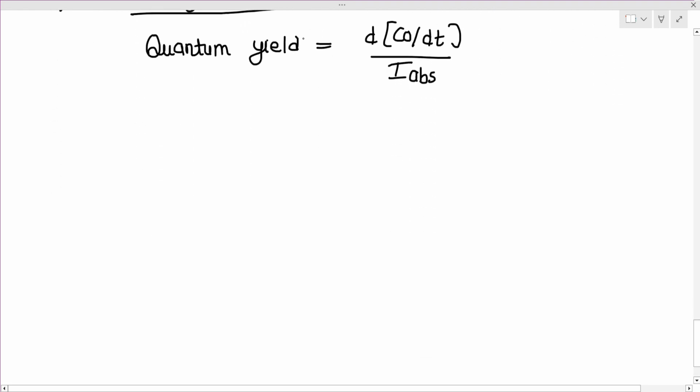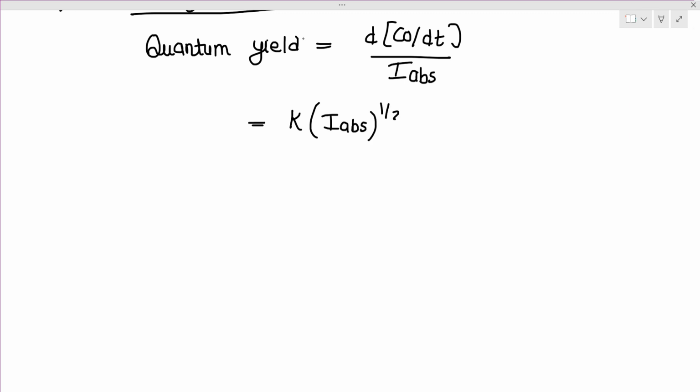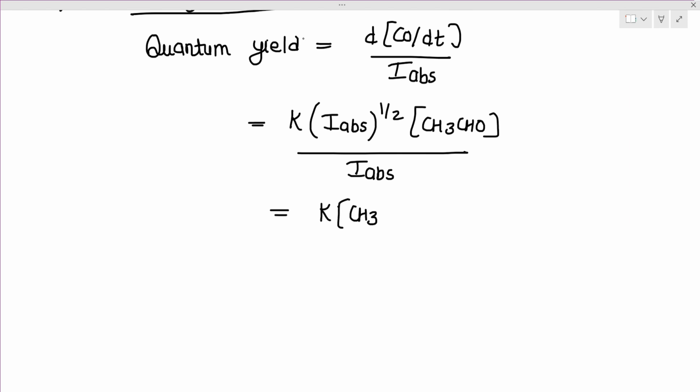Now you know its value, so you can substitute k I absorbed to power half [CH3CHO] concentration, okay, divided by I absorbed. So you are getting this will be equal to k [CH3CHO] divided by I absorbed to power 1 by 2. Okay, this is the value of the quantum yield.